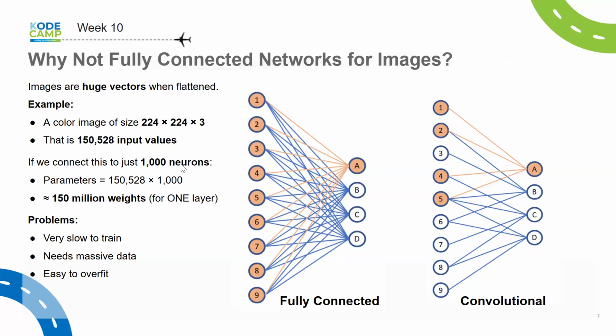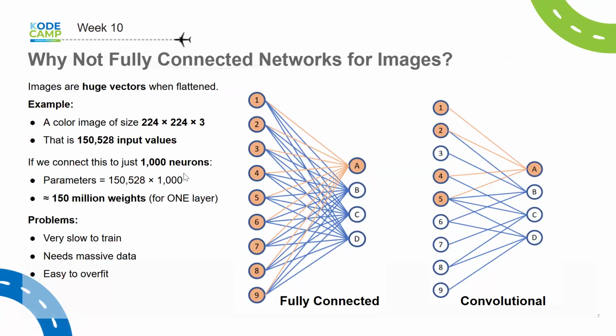So if you take this 150,528 inputs, that will be your number of inputs. Then you will now make the first layer of your neural network to have maybe 1,000 neurons. Okay. So if you have that, let's just assume, because this should even be as much as the inputs so that you don't lose information.